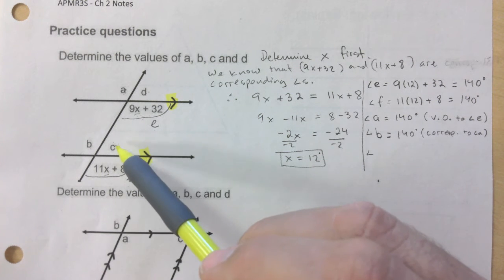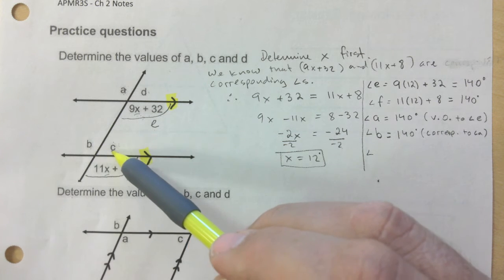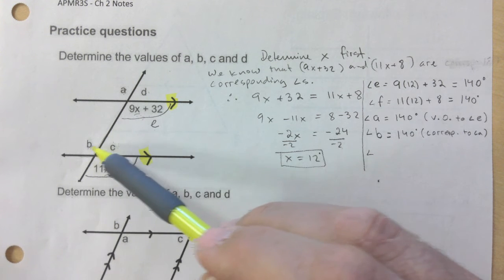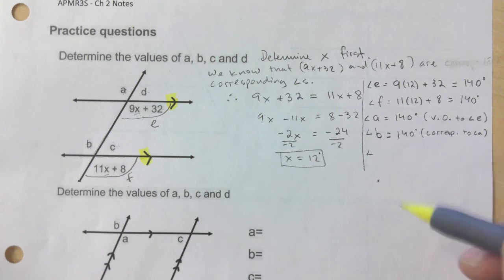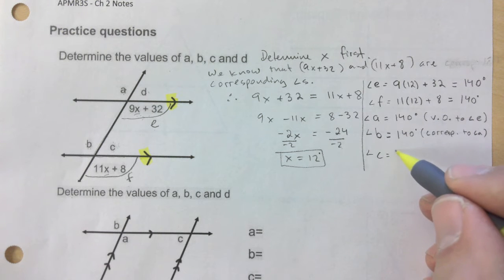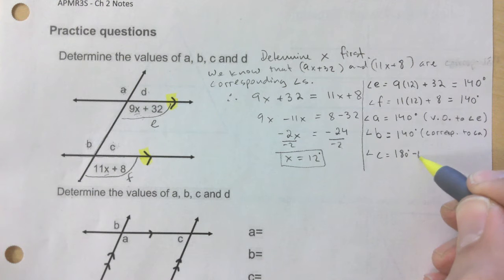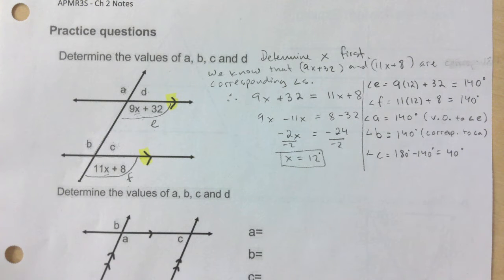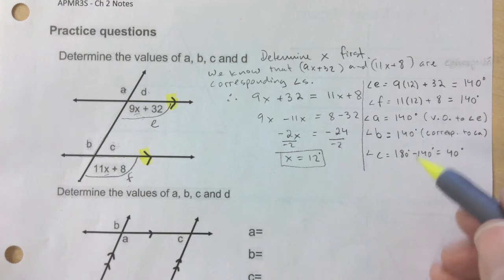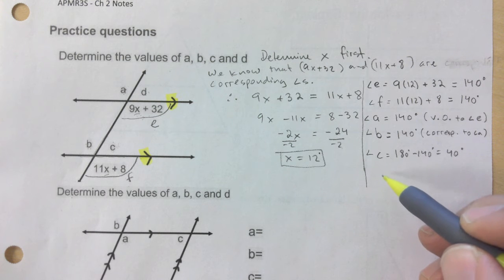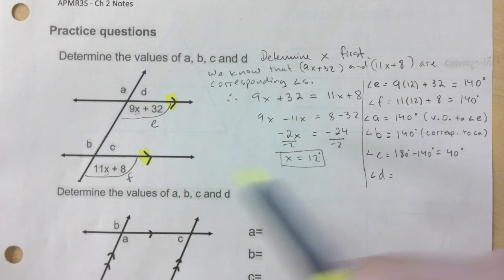Now we're going to find C. There's a straight line here, being cut by this side, so we know that these add up to 180. So C is going to be 180 minus 140, which is 40. That's all I would ask you to do there. You don't have to say straight line. I can tell you know what you're doing there. And last but not least, angle D, because I'm here now.